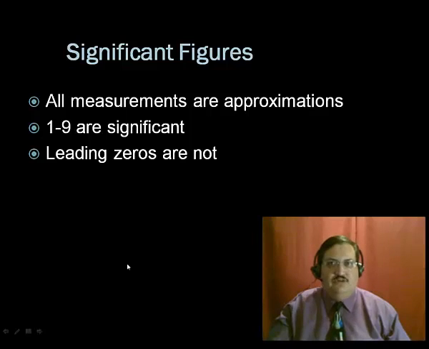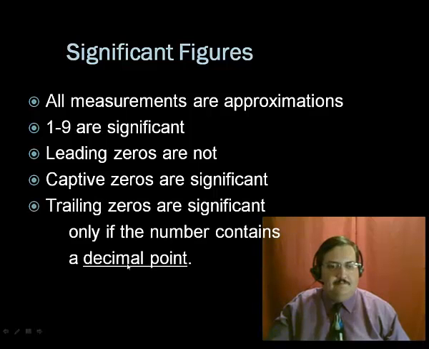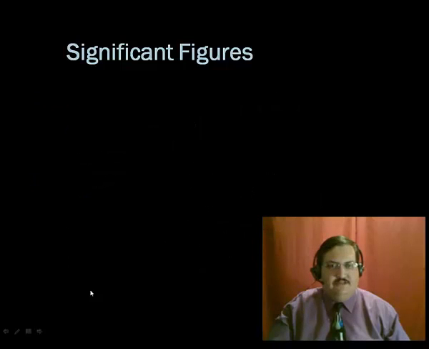Leading zeros are not significant. These are just your placeholders. Captive zeros are significant. Anything between two non-zero numbers is considered significant. Trailing zeros are only significant in numbers that have a decimal place. If your number does not contain a decimal place, trailing zeros are just placeholders.